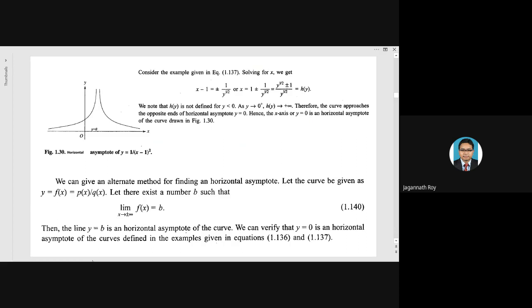Now, if you remember the other example, when we had the curve actually tending to infinity from both sides about x equals 1, y equals 1 by (x minus 1) whole square.